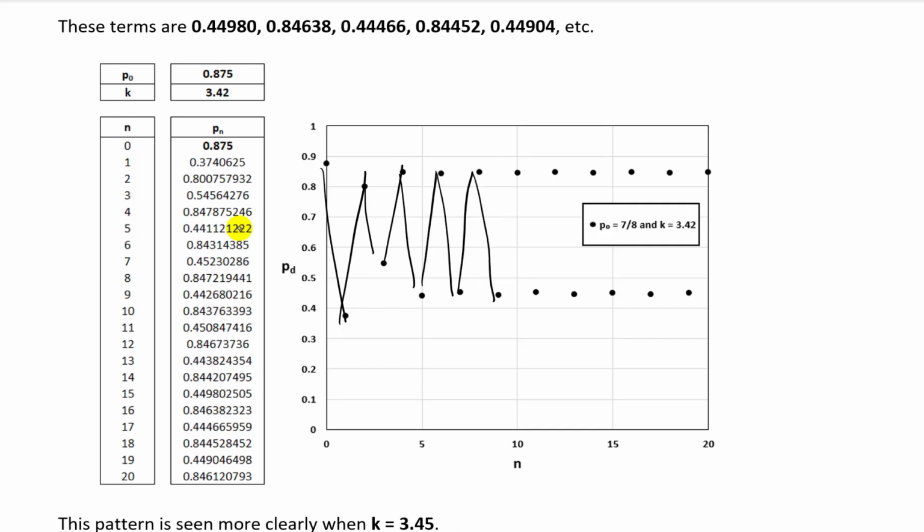So instead of going to 0.45, it goes to 0.44. So there's a 0.4498, I have it all the way over here. Then over here is 0.84638, and then it goes to 0.44.